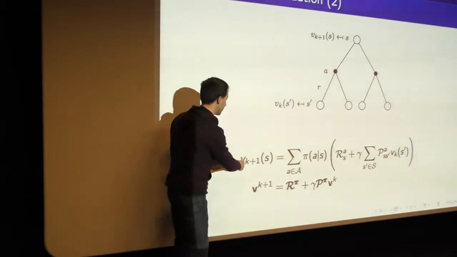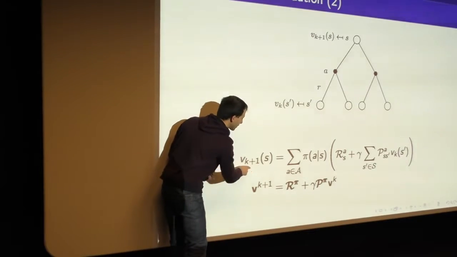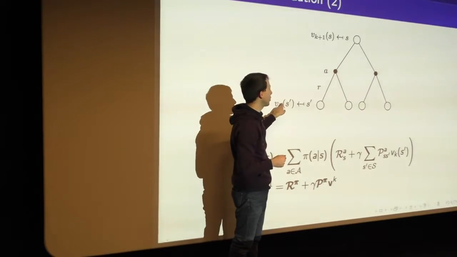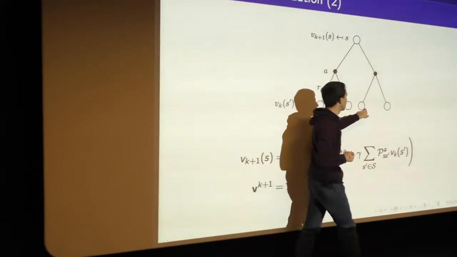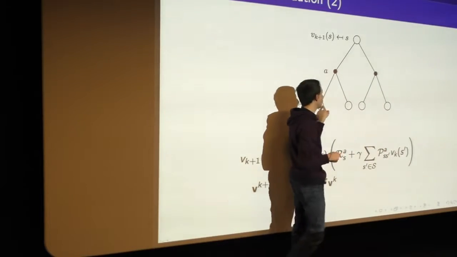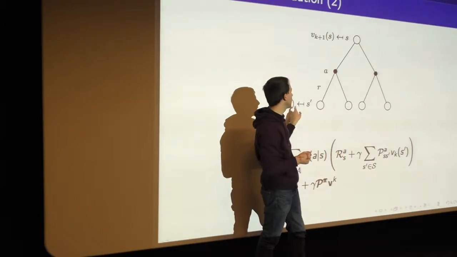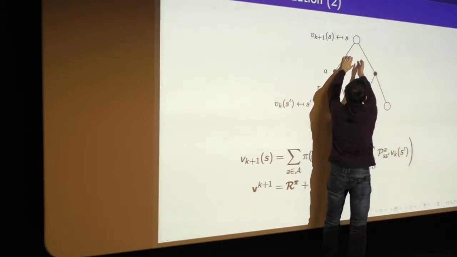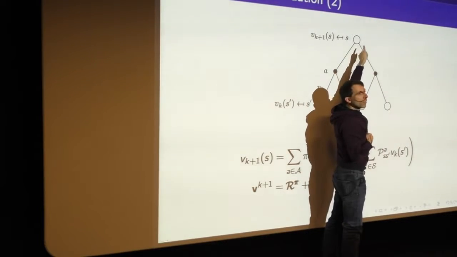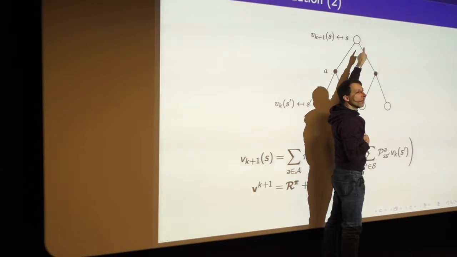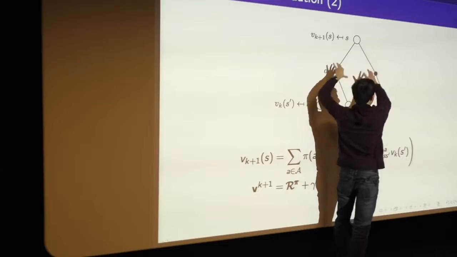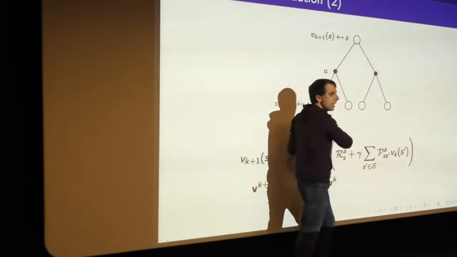In other words, we define the value function at the next iteration by plugging in the previous iteration's values at the leaves. We take our value function from the last iteration, vk, plug in those values at the leaves, and back them up to compute one single new value at the root. So we figure out vk plus 1 by doing a one-step look ahead, looking up our values from our last value function.